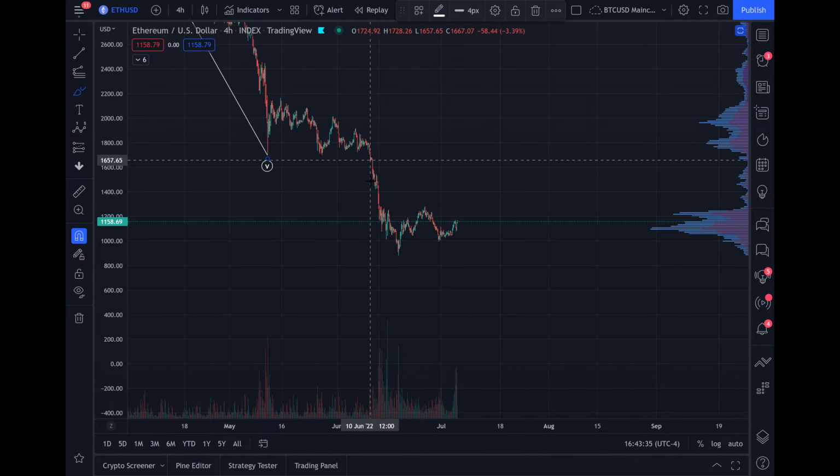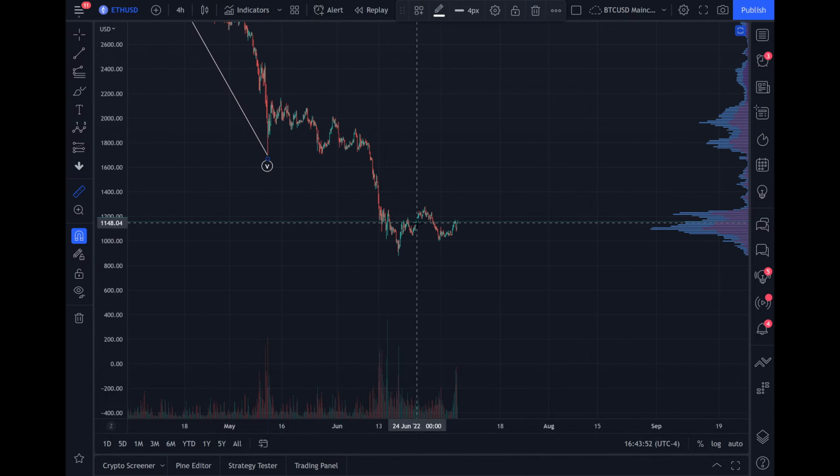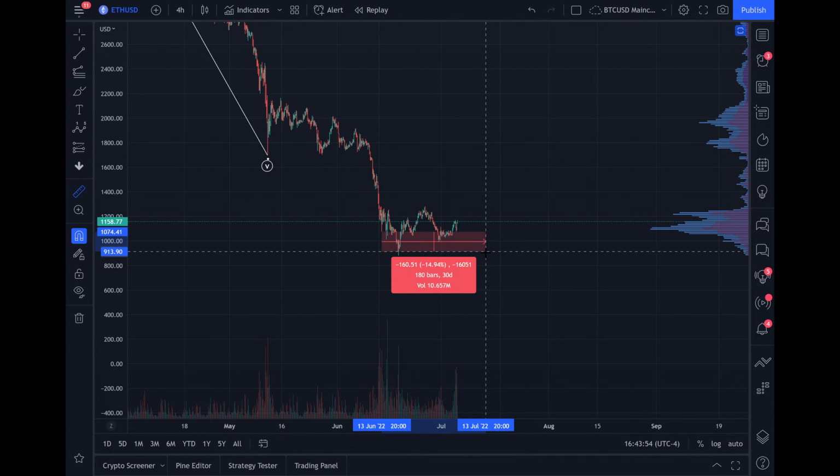And so I have it making, just like Bitcoin, its orthodox low on June 13th. Okay, and the significance of that is basically that it has not yet undergone its reversal pattern, okay? Its full reversal pattern, right?